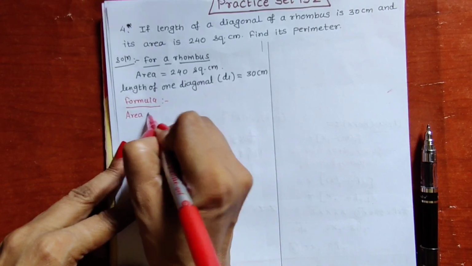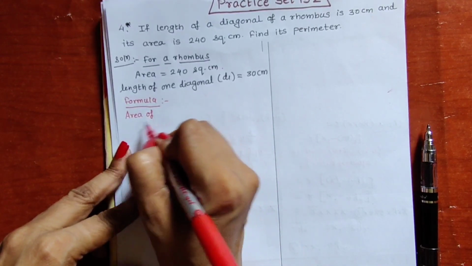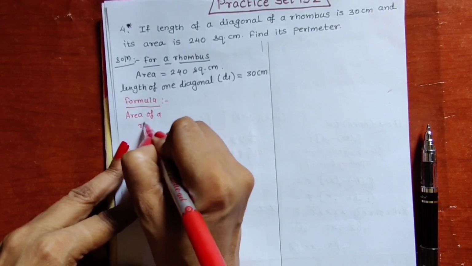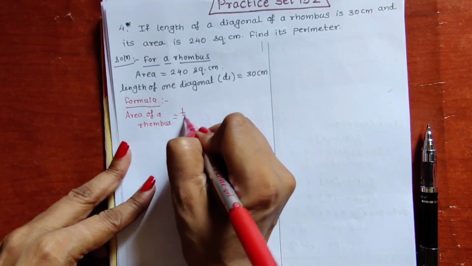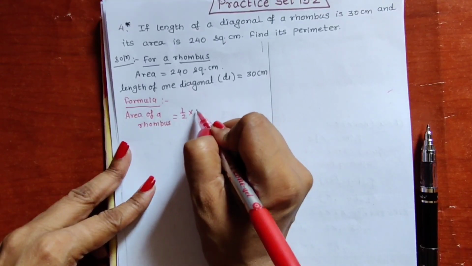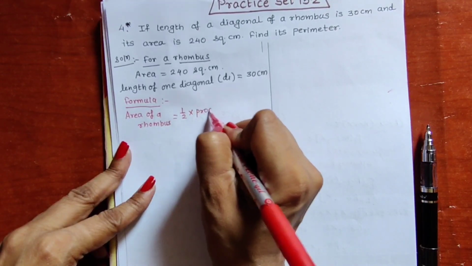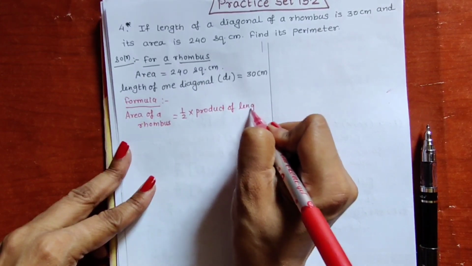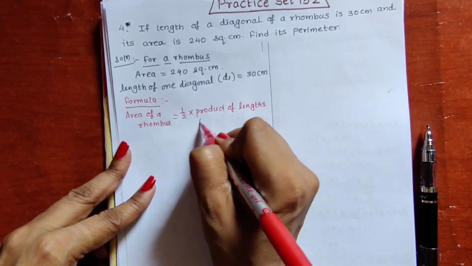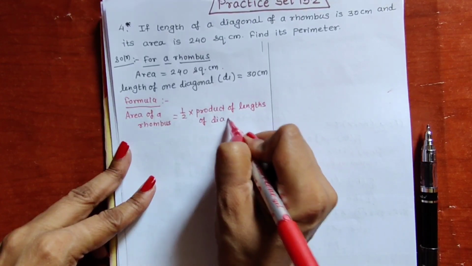Area of a rhombus is equal to 1 upon 2 multiplied by product of lengths of diagonals.